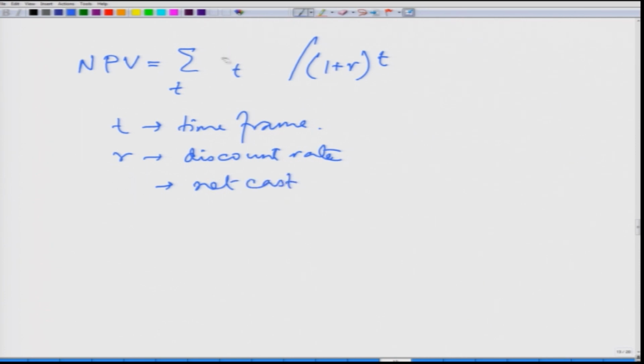I will keep it as NBT, net benefit at time t. And this is how we estimate, and based on the discounting rate it will be adjusted, and that is how we estimate the net present value for a particular project.